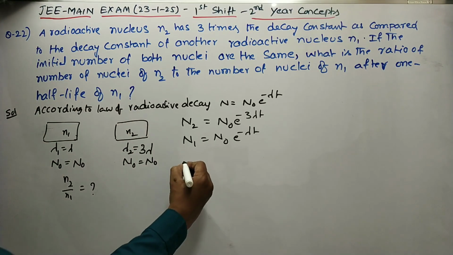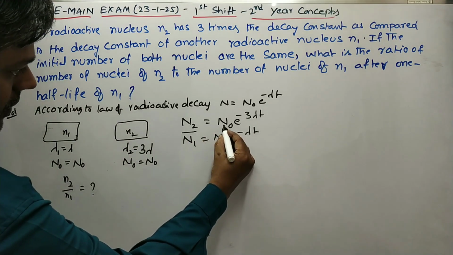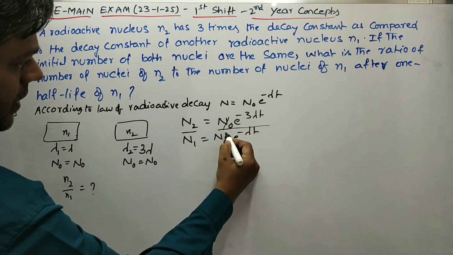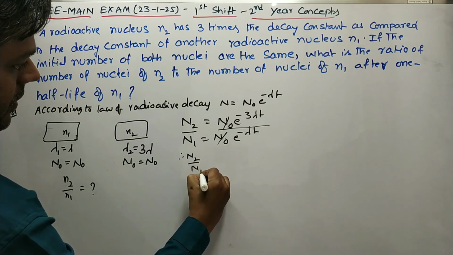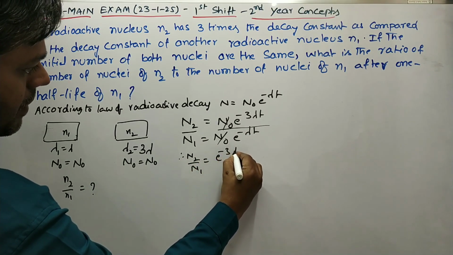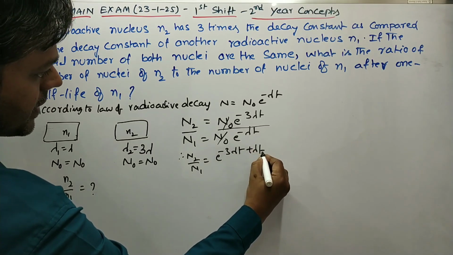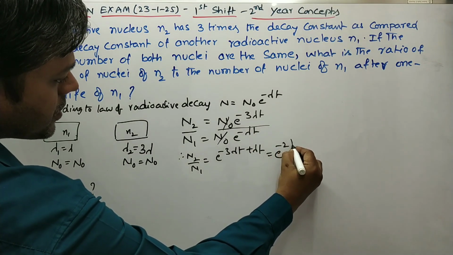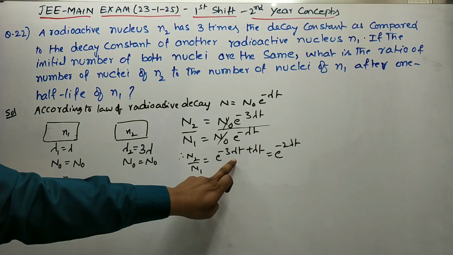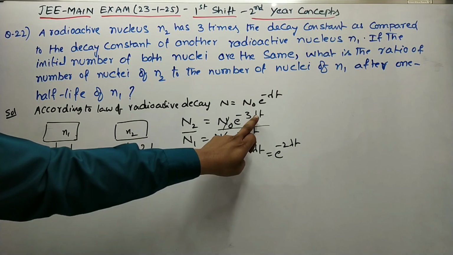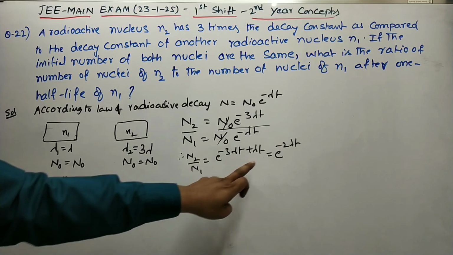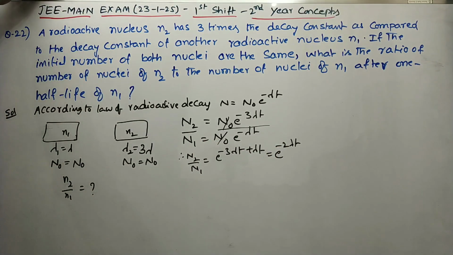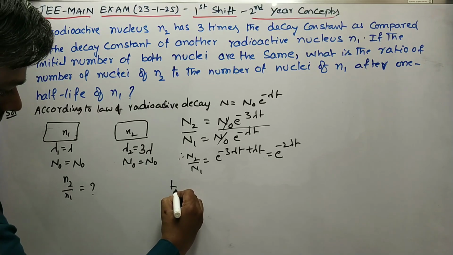N0 is cancelled. Therefore N2 by N1 is equal to e power minus 3 lambda t plus lambda t, which is equal to e power minus 2 lambda t. Isn't it? Minus 3 lambda, plus this minus lambda going to the numerator, is nothing but plus lambda t. So finally, N2 by N1 is equal to e power minus 2 lambda t is obtained. Here t means the half-life period.